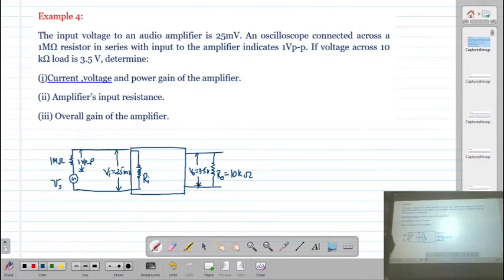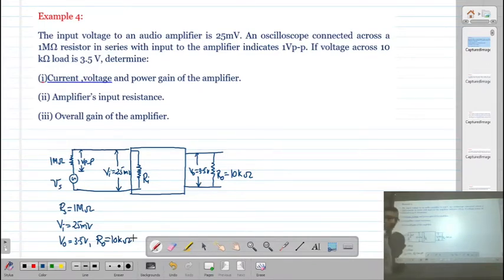Correct? So here if you note down the data, what is given? RS is 1 mega ohm. Then my input voltage is 25 millivolt. Output voltage is 3.5 volt, and the load resistance is given as 10 kilo ohm. So these are the things given to you.